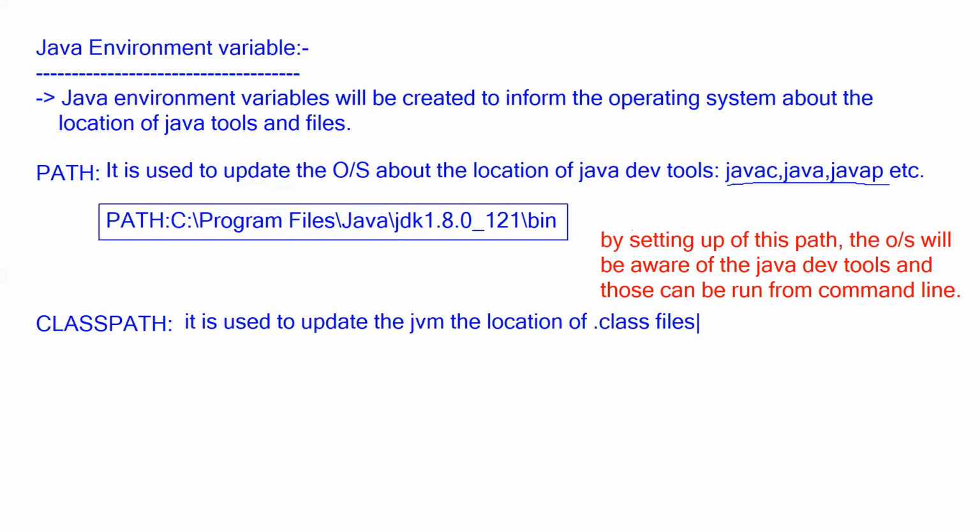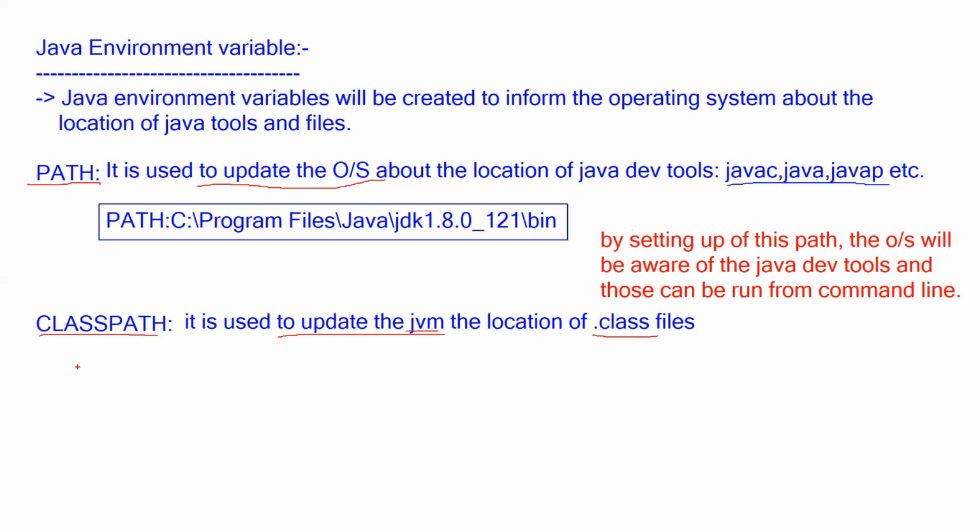So that's why we have to inform the JVM. So path is to update the OS, the operating system. What about class path? It is to update the JVM, the location of .class files.